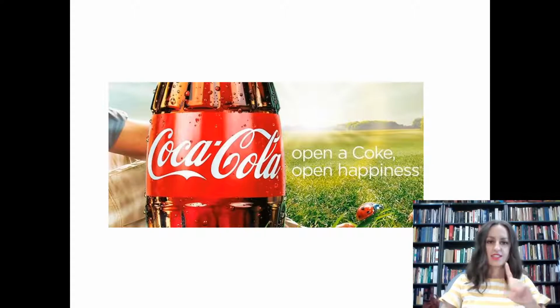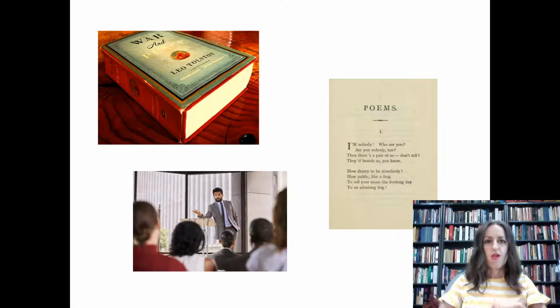But let's think about what other types of objects might count as rhetorical. What about a novel? War and Peace. Would a novel count as rhetorical? What about a poem? What about someone giving a speech? Well, you probably guessed, but yes, all these things are rhetorical.